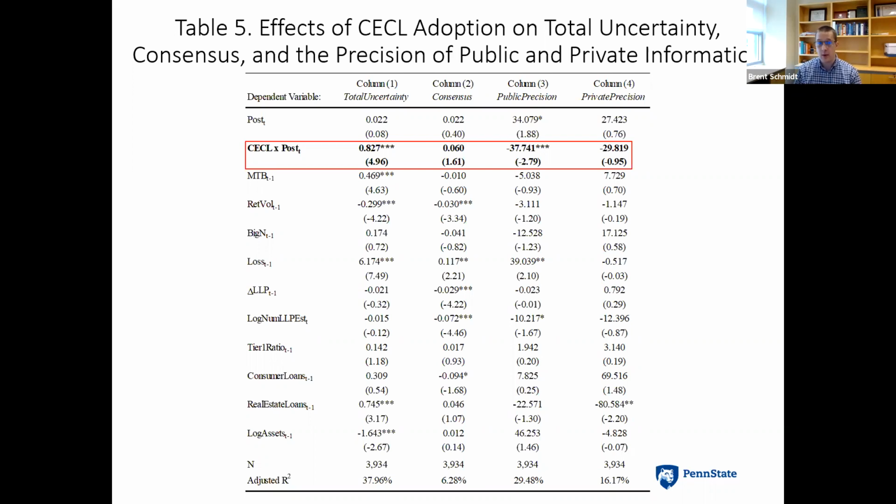Basically, we compare the same bank at the same time under CECL versus the incurred loss model, and we do find that CECL is incrementally decision useful, or value relevant, when we directly compare those two standards. So we do have evidence of that. Thank you.